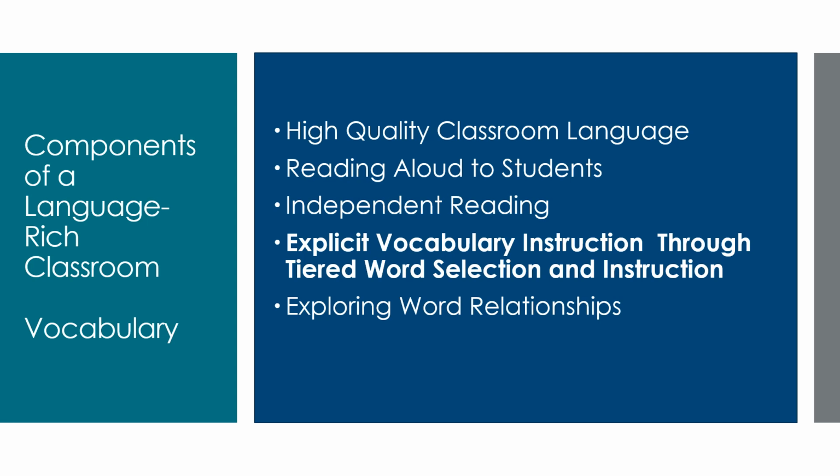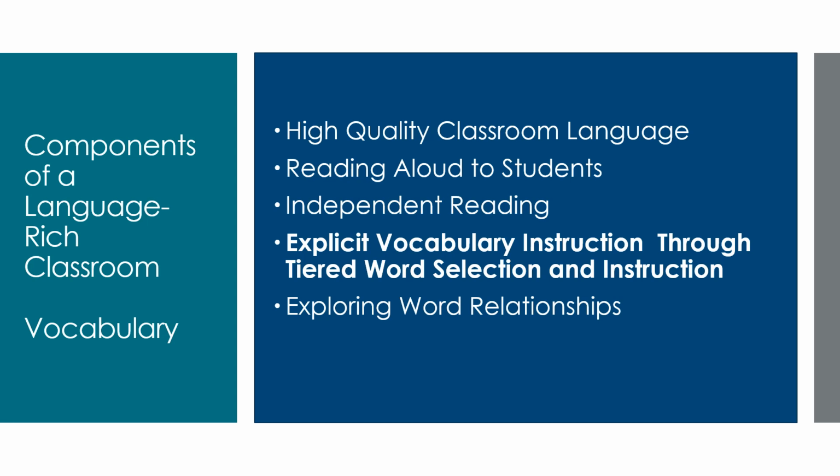Building vocabulary can happen in many ways in a language-rich classroom. Students learn vocabulary from classrooms that use robust language and everyday speech. Teachers reading aloud to students and having students read independently exposes students to uncommon content words that we don't normally use in speech.